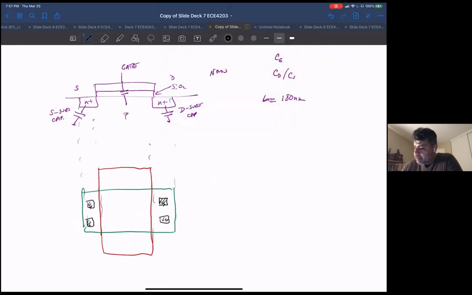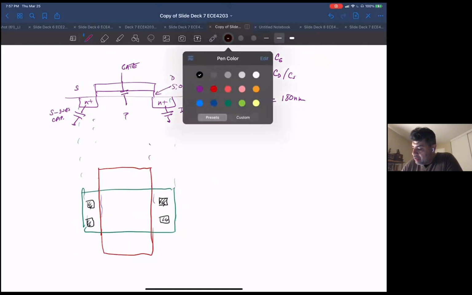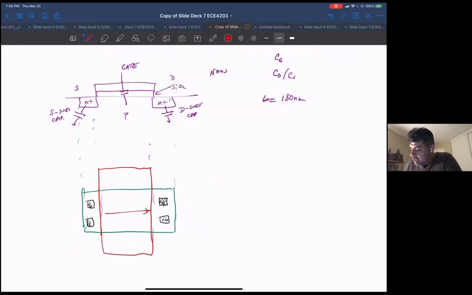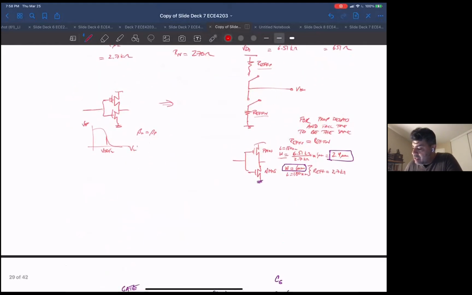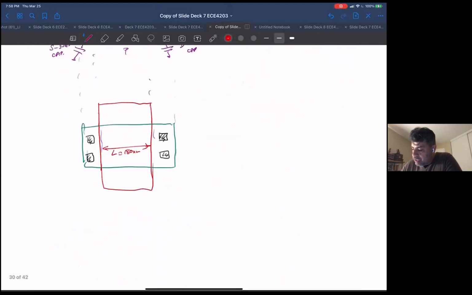I'm drawing this really badly, but remember, this is my length, and I'm going to keep it constant. To get my resistances, whatever I want, this width is going to change. Width is a variable.